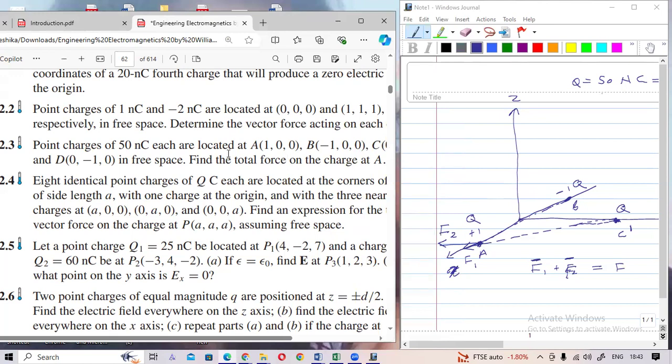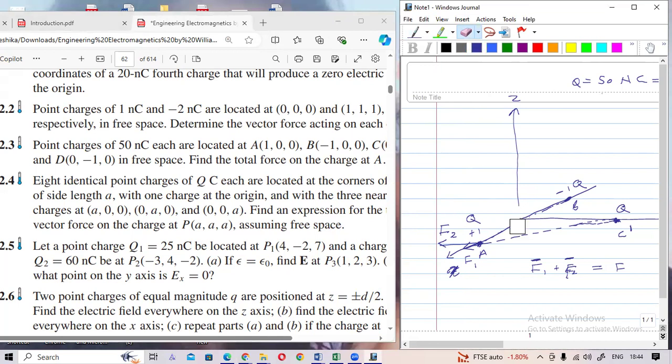There is another charge actually at D. Here also you have a charge.